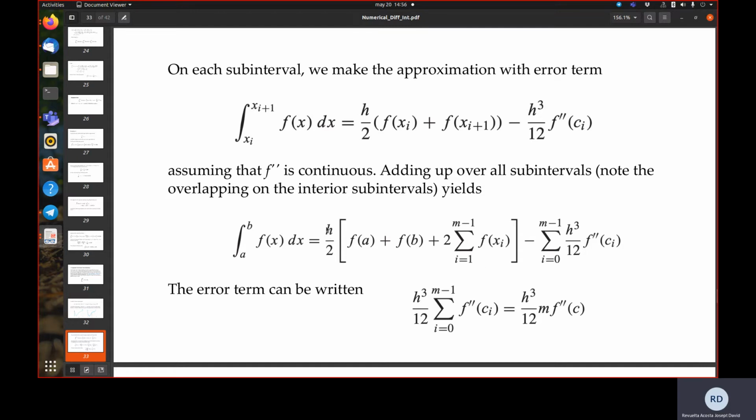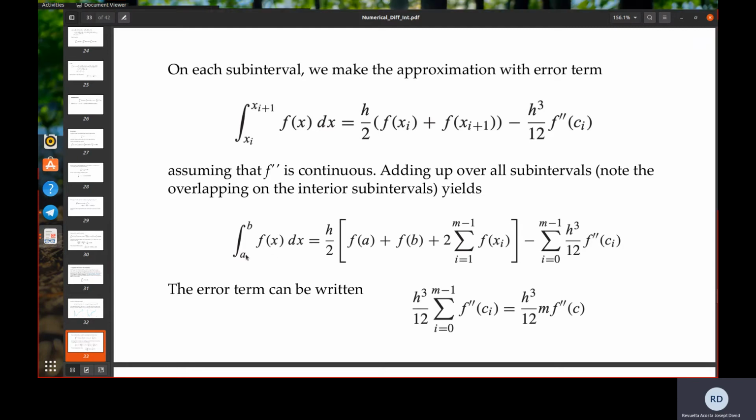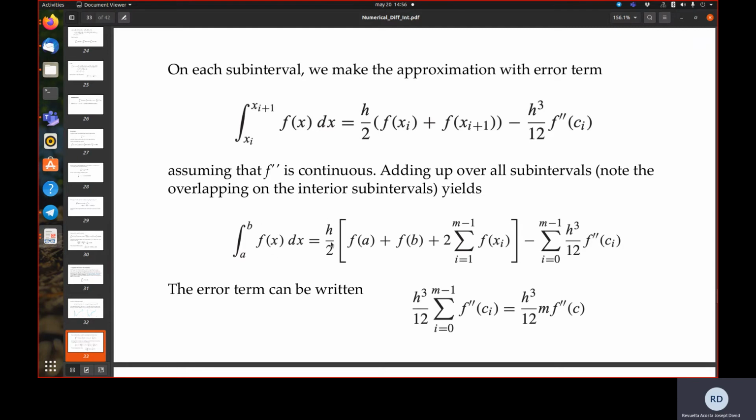So the integral of f(x) in the interval a and b is going to be equal to h divided by 2 times the function evaluated at a plus the function evaluated at b, plus, here we have the important part, twice the summation from 1 to m minus 1. Why m minus 1?